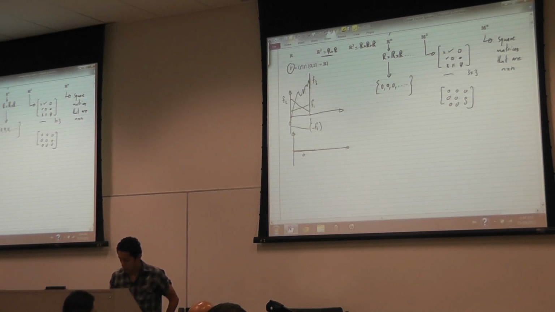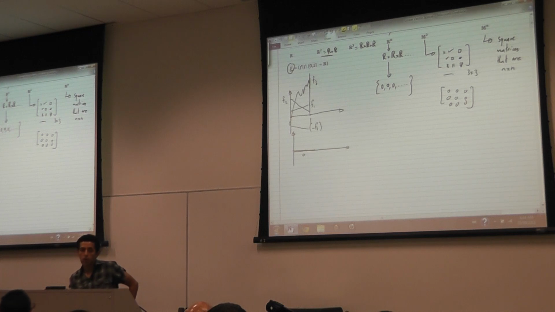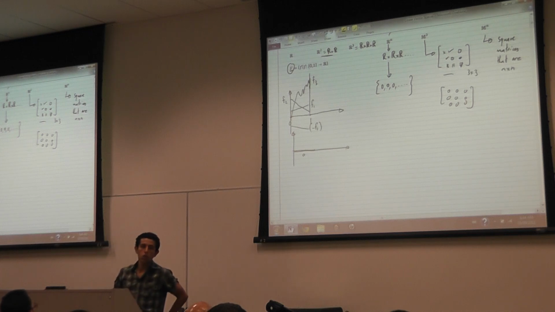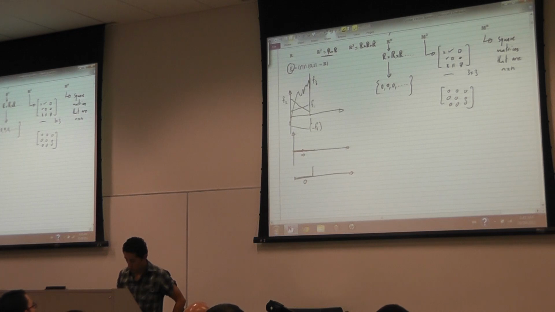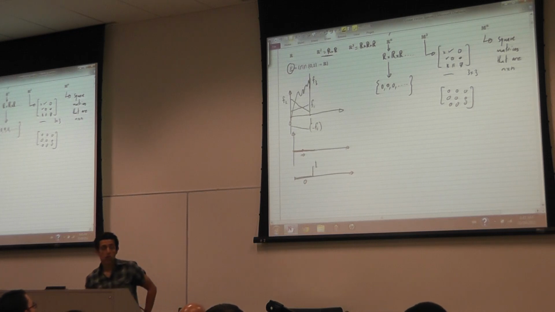But let's look at, for example, the space of functions defined on the interval 0, 1. Are there 2 or 3 zero elements in that space? For example, is a function that's defined as 0 everywhere, but has another value at 1, a zero function or not?